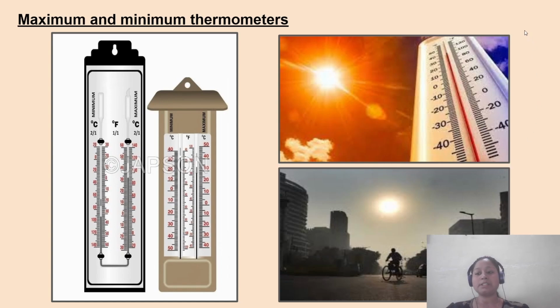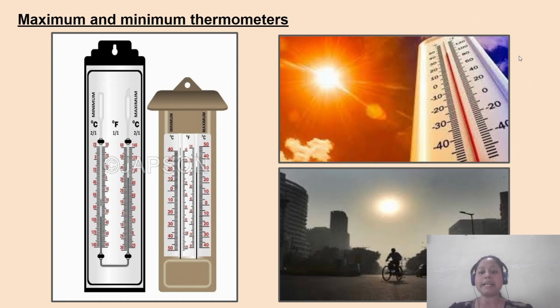This image shows something actually. So what can one expect, and at what time of the day is the temperature at its peak? We can say it's in the afternoon.